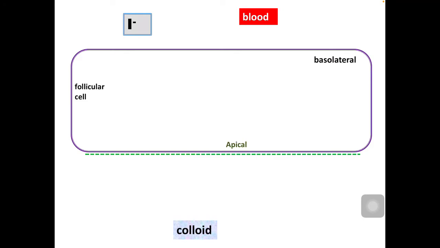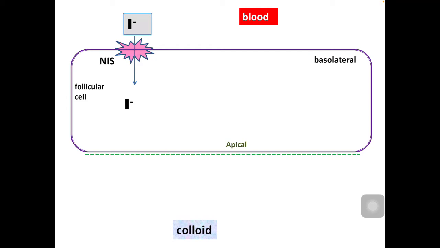Now come the steps involved in the synthesis of thyroid hormones. This is the follicular cell of the thyroid gland. This is the blood supply of that follicular cell, and this is the inside of the follicular cell, where colloid is present. This is the apical membrane, and this is the basolateral membrane.